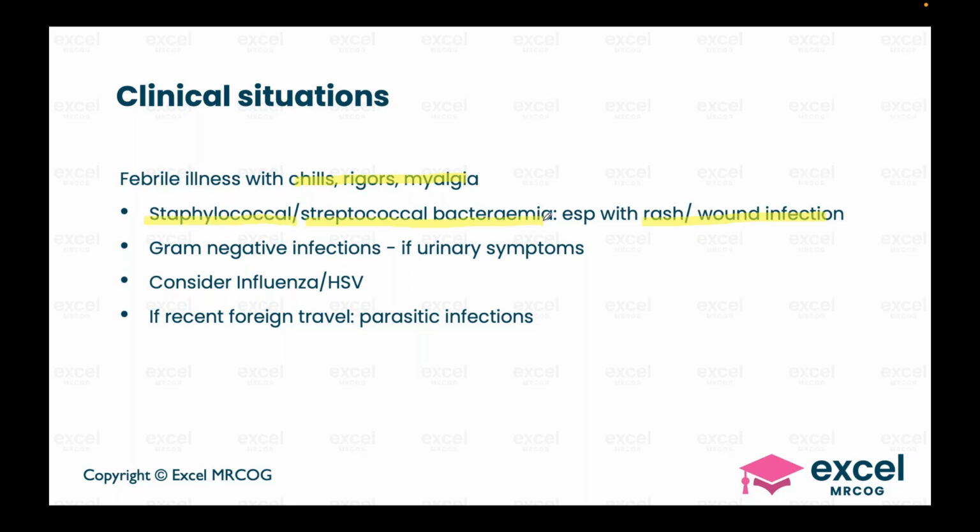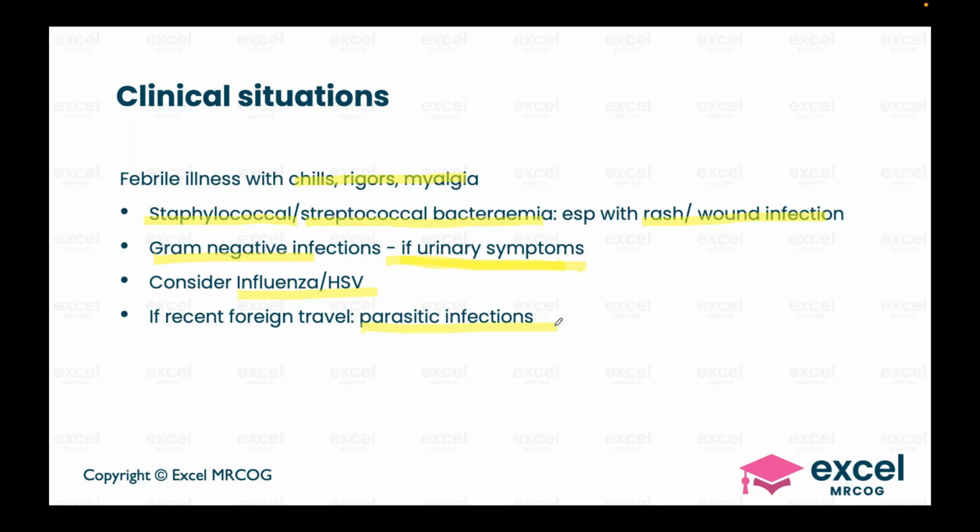Staph is again a skin organism that can infect the wounds, and streptococci can cause serious septicemia. As we have seen, gram negative with febrile illness usually has urinary symptoms, so UTIs. We also need to consider the possibility of viruses, influenza, as well as HSV. And if there is a history of foreign travel, we need to consider parasitic infections like malaria.